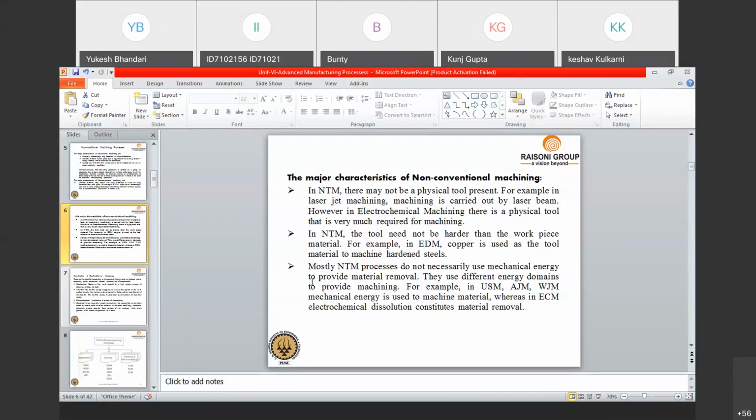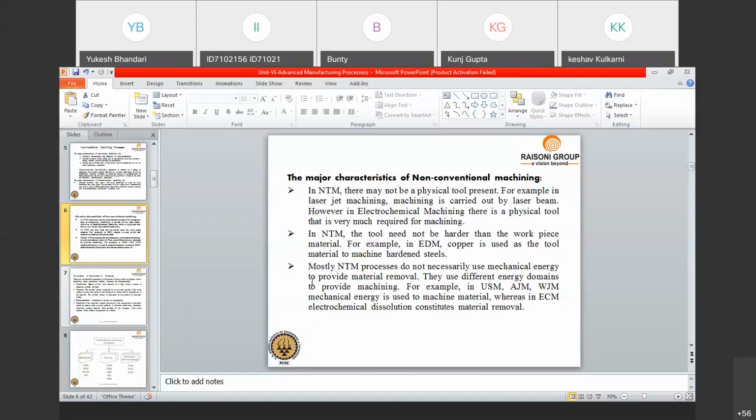For example, in EDM we use copper as the cutting tool. Copper is very soft, very light material. But using that copper cutting tool, you can cut very hard material, like hard composite material and very hardened steel. So in NTM, it is not necessary that your cutting tool must be harder than the workpiece.